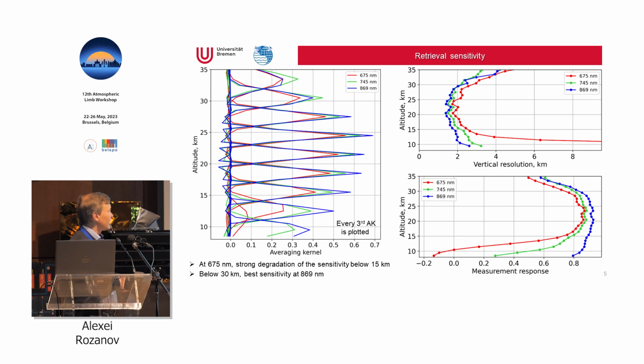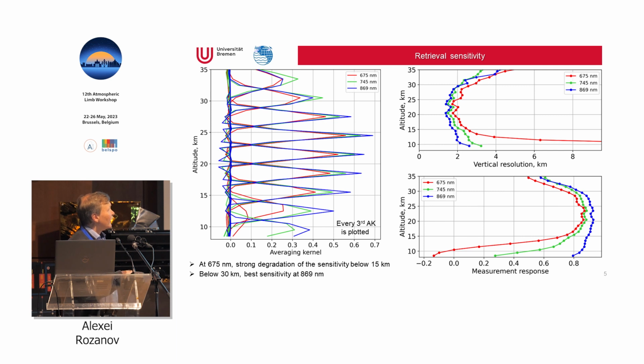The sensitivity starts to degrade rapidly. This was also the background of my question to Didier, because if the sensitivity degrades, you have less sensitivity to the particle size, which is related to this measurement.